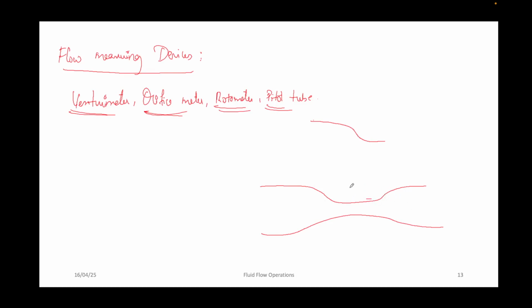It doesn't look so. Okay, so let's say this is location one. This is location two. So we'll measure the pressure at this location. We'll be knowing the area of this location. Okay, and this same thing we'll be doing here. We'll be measuring the pressure here, and from there we'll be able to calculate the necessary parameter.